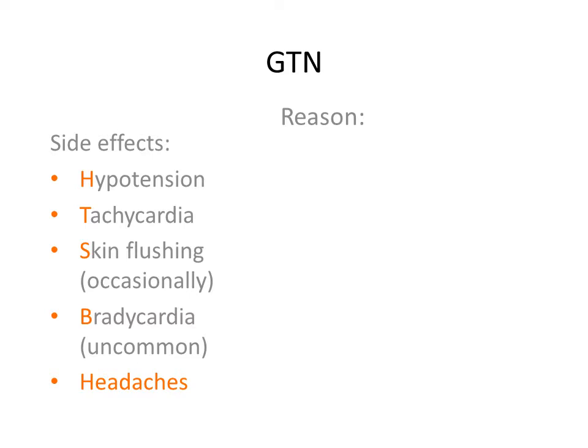When we move just to the last one, bradycardia, again, GTN does not act on the heart by a long shot, but it does have indirect changes to the person's sympathetic nervous system, and then their ability to compensate. So if they're already bradycardic, they can't necessarily compensate very well for a drop in blood pressure.